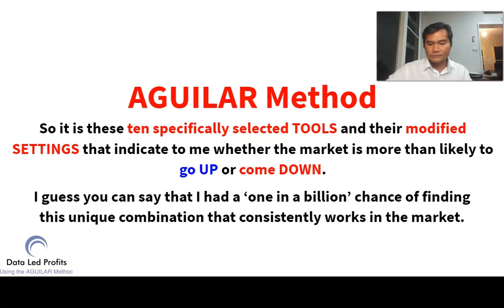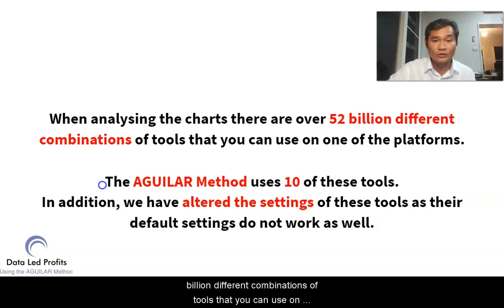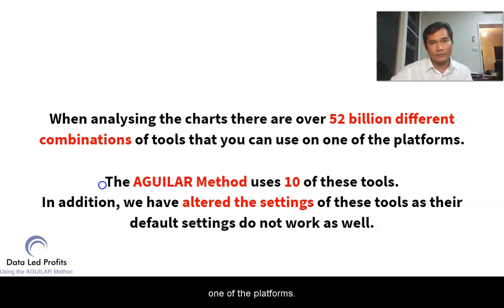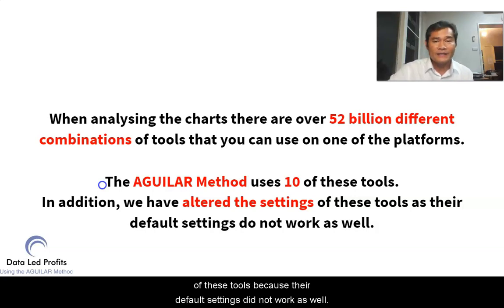So, when you're analyzing the charts, there are over 52 billion different combinations of tools that you can use on one of the platforms. The Aguilar method uses just 10 of these tools. In addition, we have altered the settings of these tools because their default settings did not work as well.